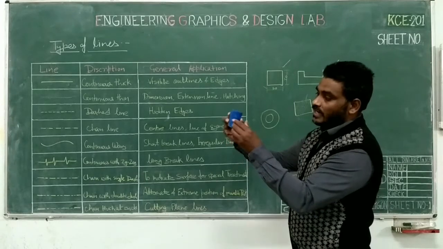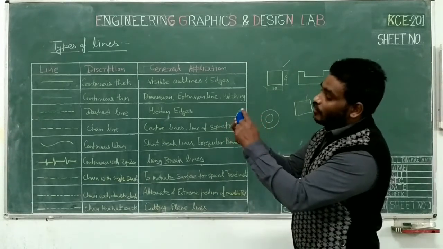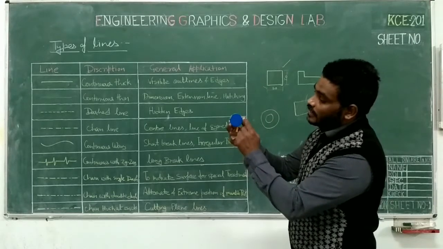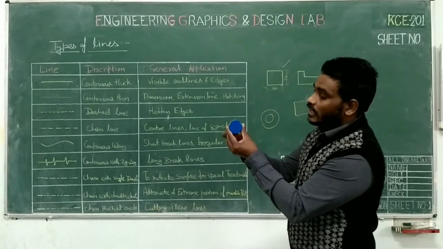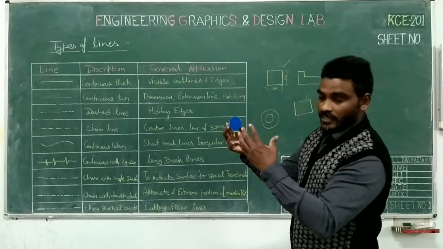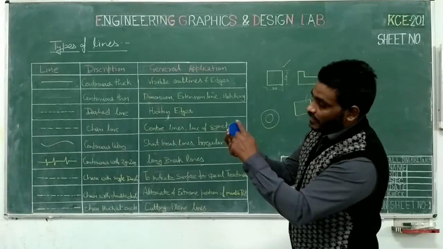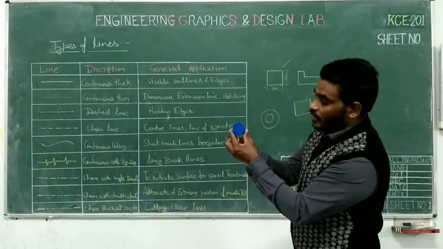But suppose this object is placed like this, so we can see only these outer edges, this circle, and we are not able to see this small circle from the front.